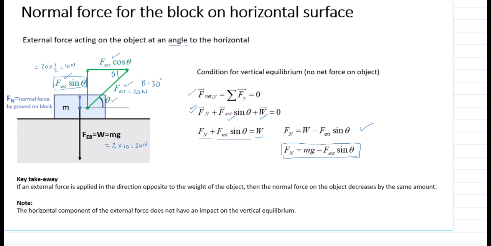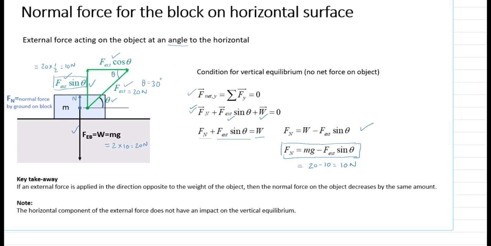So the picture looks like this. We have 20 Newton acting vertically down, and then we have 10 Newton acting vertically up. Therefore, the normal force, which I've drawn with the blue arrow, will be equal to 10 Newton. So Fn will be equal to 20 minus 10, which is 10 Newton vertically up.